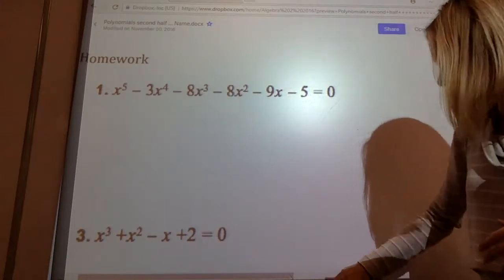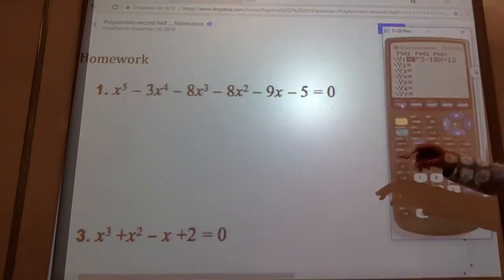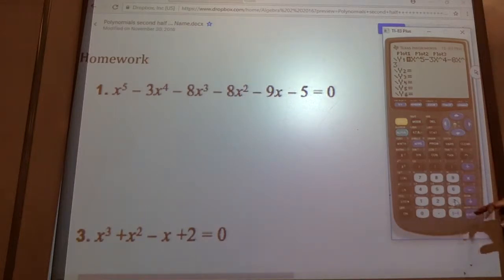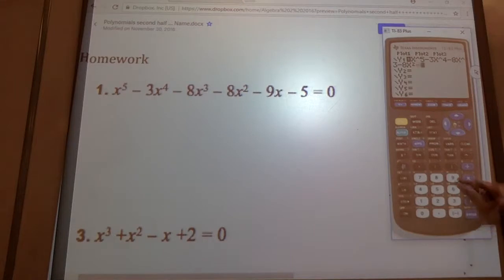Okay, so let's graph. That's always your first step, is graph. So let's see, x to the 5th minus 3x to the 4th minus 8x cubed minus 8x squared minus 9x minus 5.